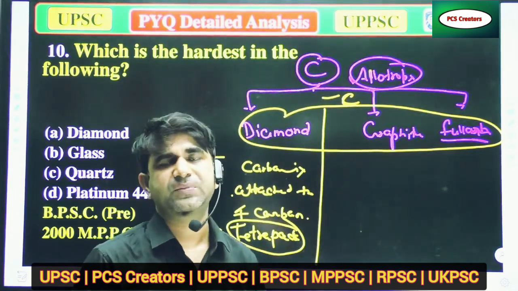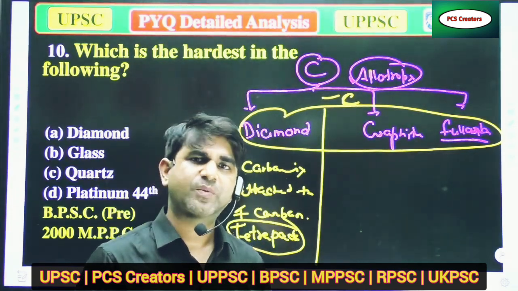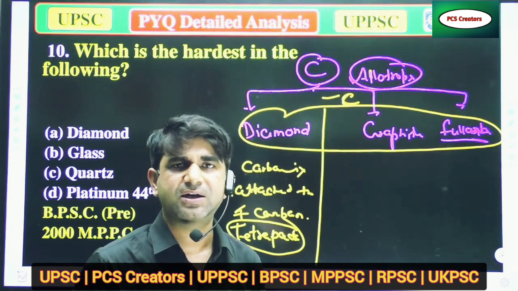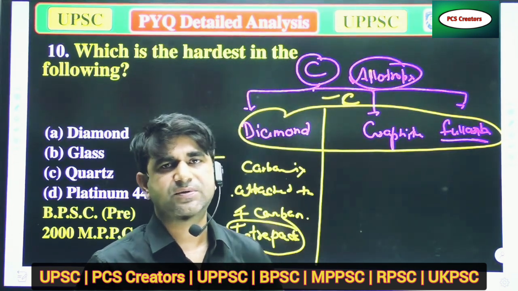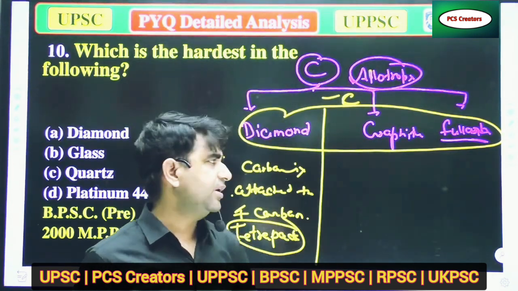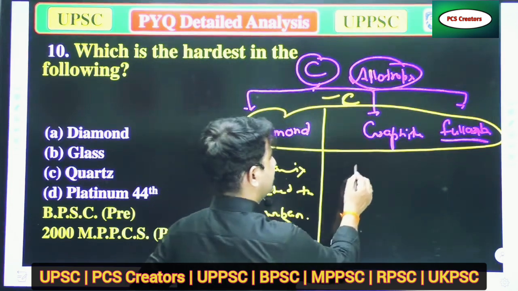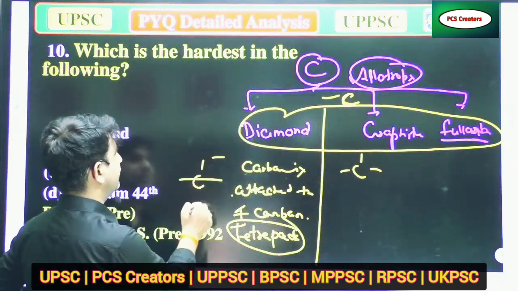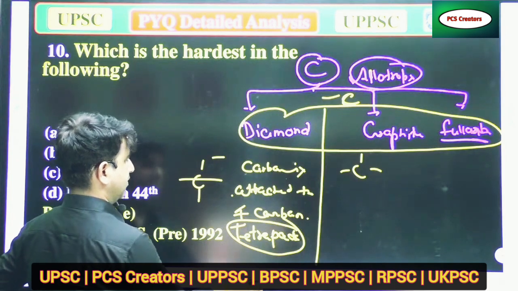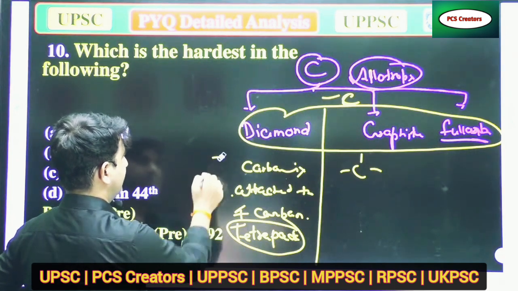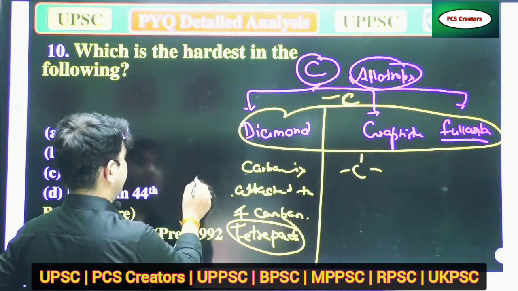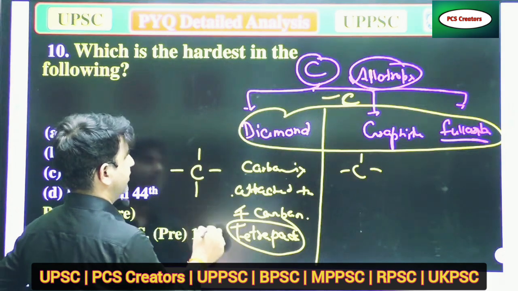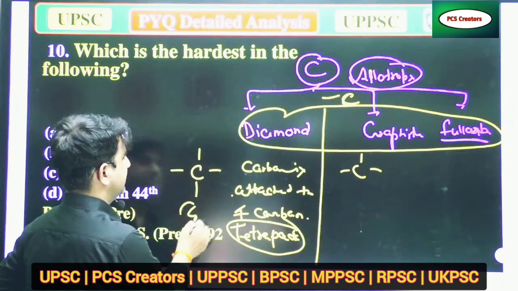On the other hand, graphite is also made up of carbon, but it is not the hardest substance, because in graphite one carbon is attached to only three carbons, whereas in diamond one carbon is attached to four carbons, so its valency of 4 is completed.